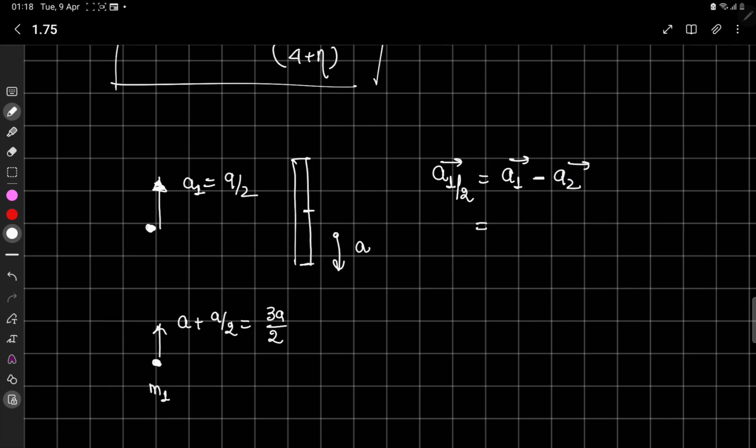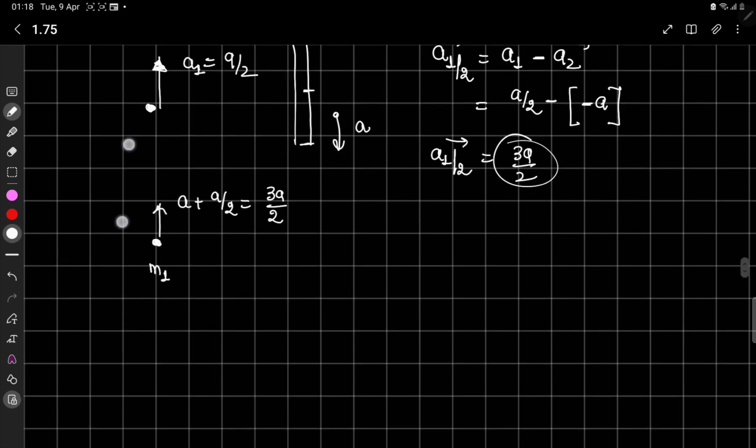The acceleration of body 1 is a by 2 in the upward direction, and the acceleration of body 2 is minus a because that is in the downward direction.